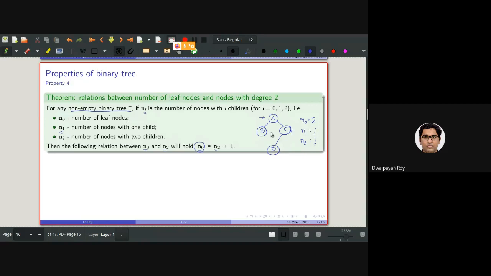And the number of leaf nodes, or the number of nodes having 0 children, is B and D, that is 2. How will we be proving this? So for this tree, we can see that it is true. But in general, how will we be able to prove this?